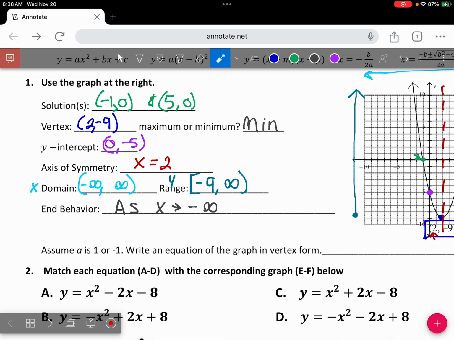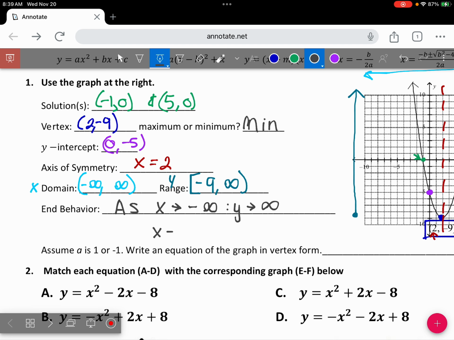Where do they go? They go to positive infinity. They go up. As x gets really small, my y's get real big. So as x approaches negative infinity, y approaches positive infinity.